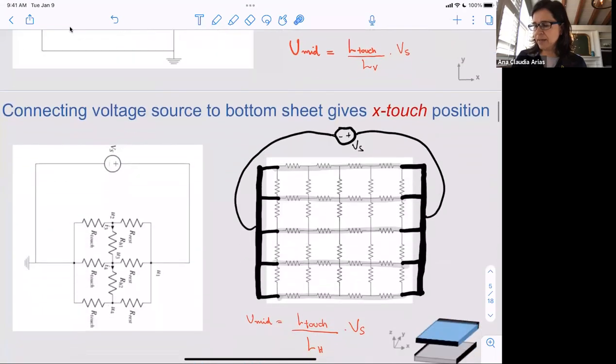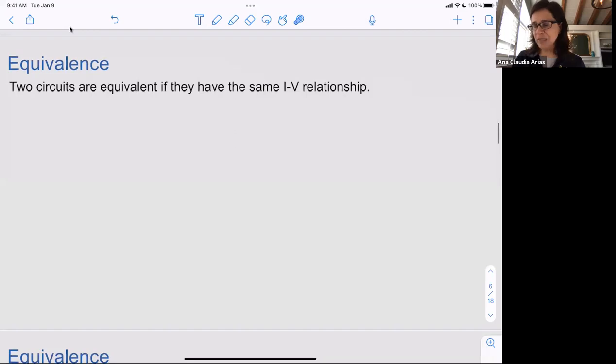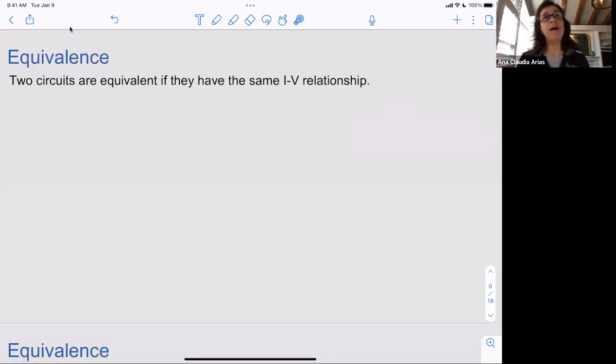Today, I will define equivalence more formally, which is the following. If you have two circuits or two elements, you can call them equivalent if they have the same IV relationship.